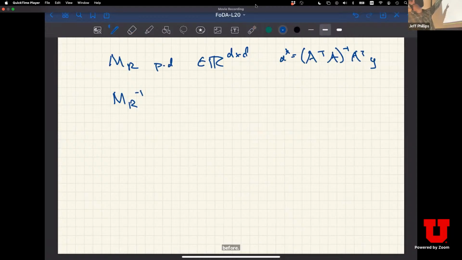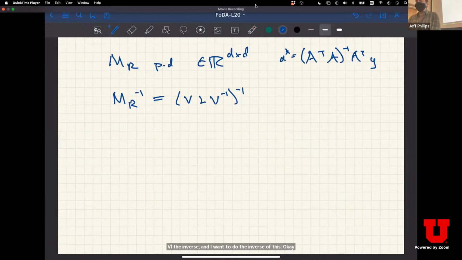A transpose A is a positive definite or positive semi-definite matrix. It may not be full rank, but I can use the eigen-decomposition V L V inverse, and I want to take the inverse of this.